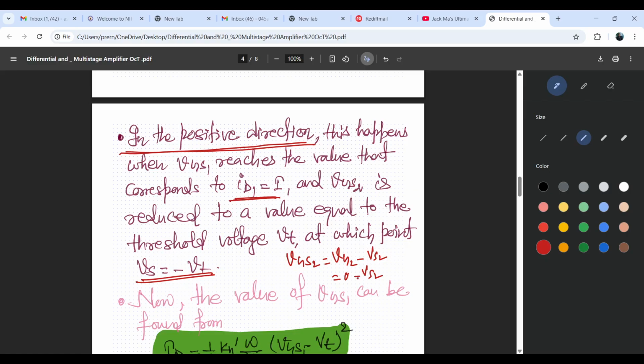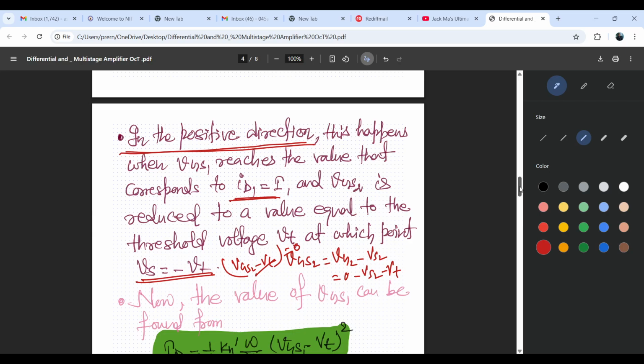The current will be 0, so VGS2 minus VT equals 0, which makes the source voltage minus VT.